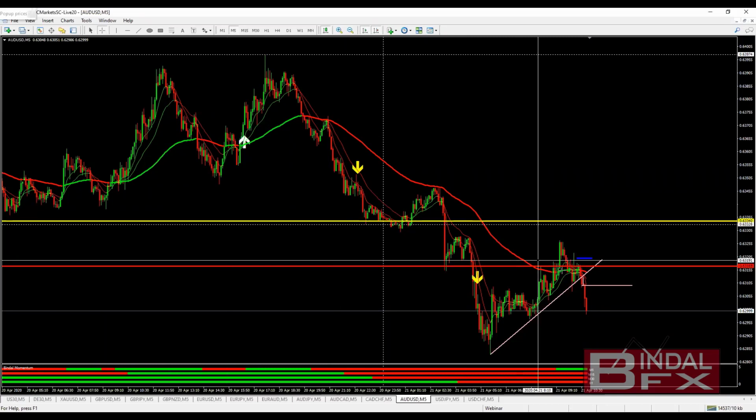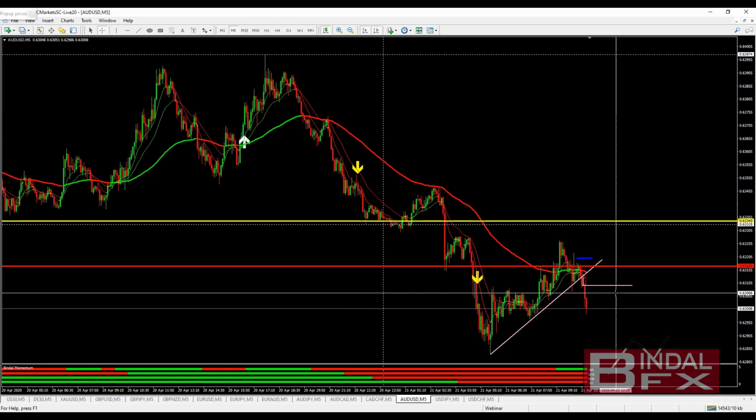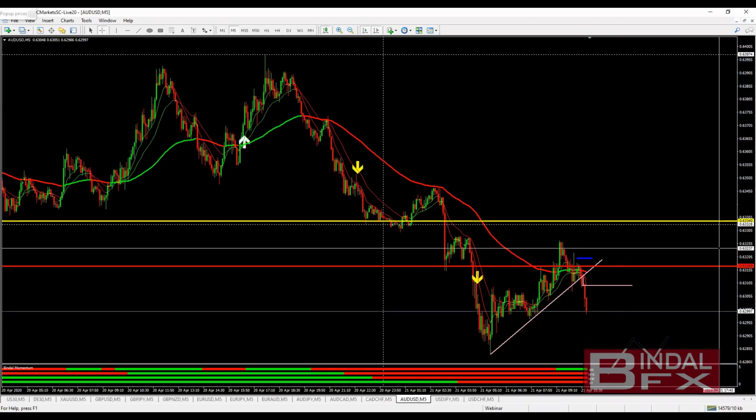So do I want to buy at resistance? Answer the question. Would you buy at resistance? Before resistance has broken, would you buy? Yes or no? No. Lots of no's. I love it. Okay, fantastic.